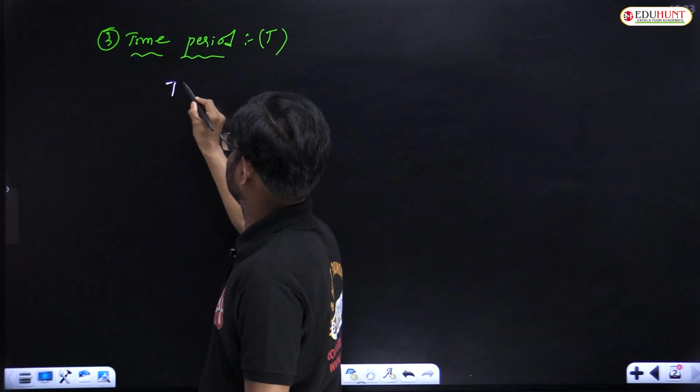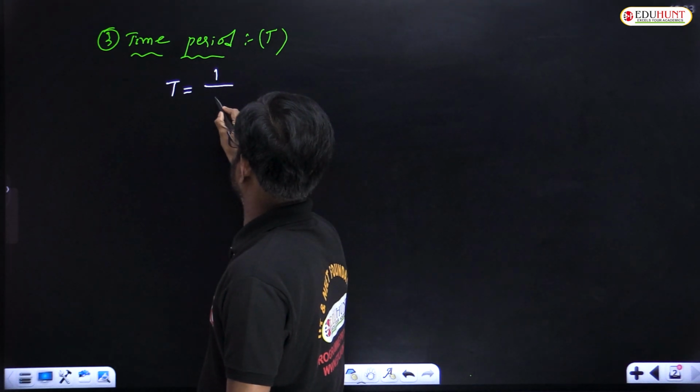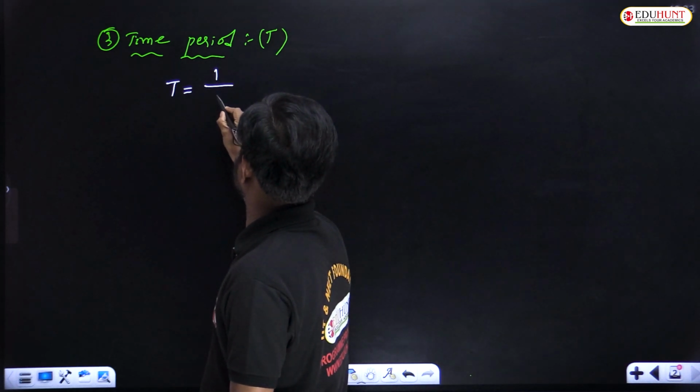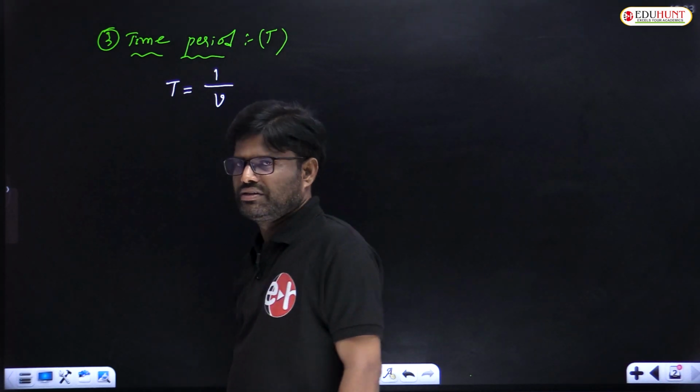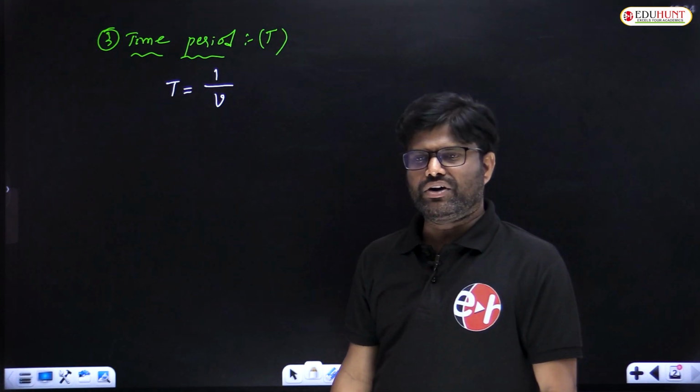T is equal to 1 by nu. This is called as what? Time period. Okay, now next, let's go to the fourth one.